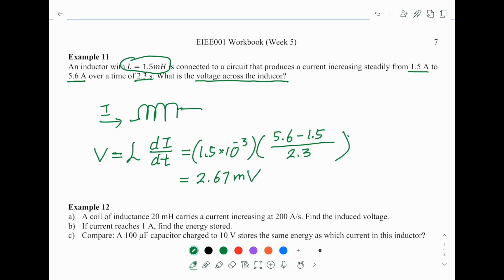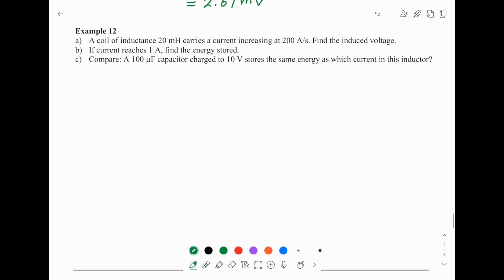millivolt. Number 12: a coil of inductance 20 millihenry carries a current increasing at this rate. Find the induced voltage. So this is similar. A, the induced voltage is proportional to the inductance times di/dt.